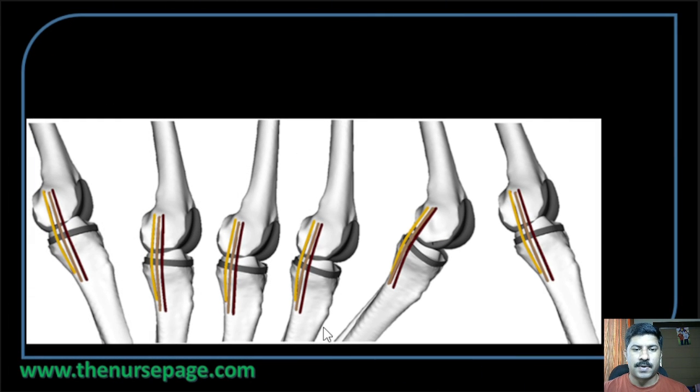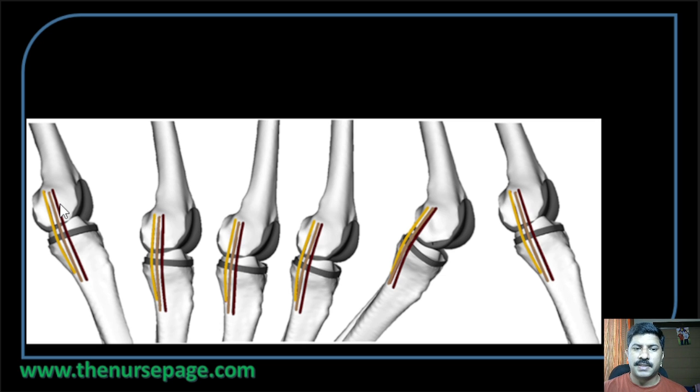This is the example of our knee joint. In the knee joint there are two main ligaments, the anterior cruciate ligament and the posterior cruciate ligament. Usually during sports injury there will be an ACL tear or PCL tear, which is due to ligament injury.